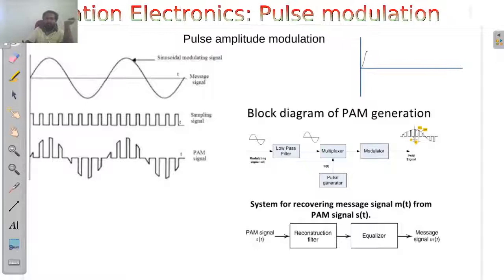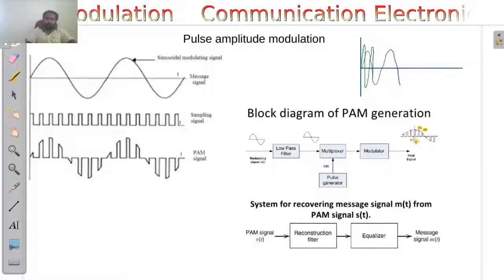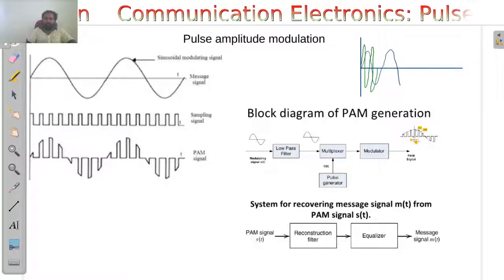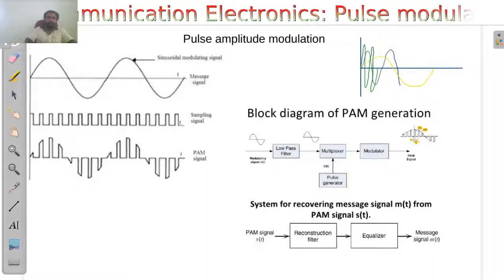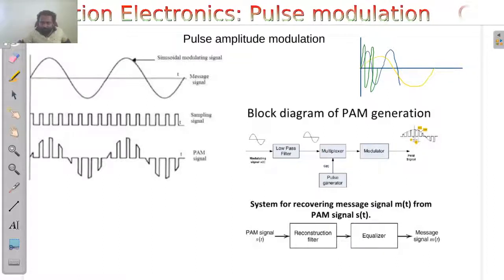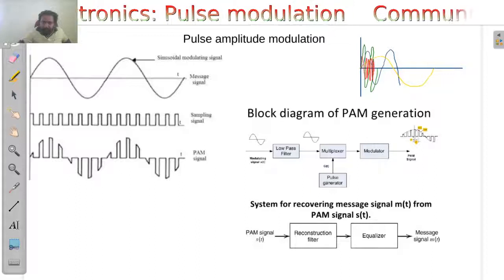Say my audio signal will have a frequency like this, another high frequency like this, or another frequency which is very low like this. That represents my bass guitar, or a very high frequency that represents some noise.